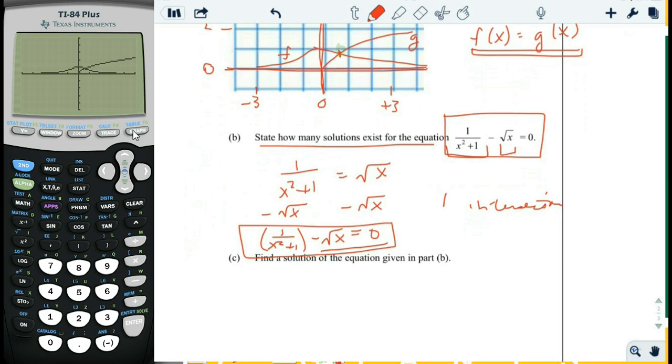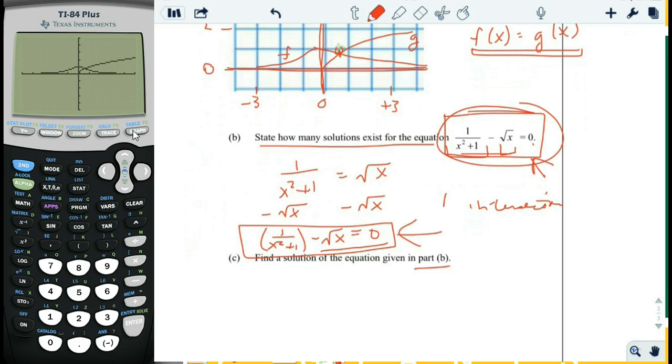Find a solution of the equation given in part B. So what is the solution to this? Okay, well, the solution to that is the intersection point. And they're only interested in the x because the solution to this is what x causes this to be 0. And so you just need to know the x value, you don't need to know the y value.